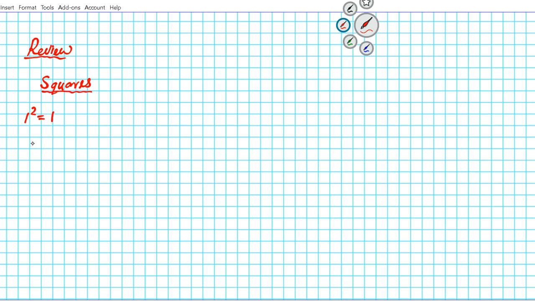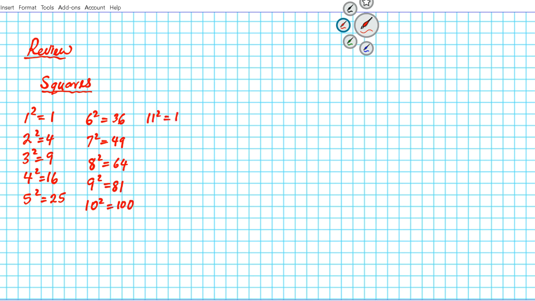So 1 square is 1, 2 square is 4, 3 square is 9, 4 square is 16, 5 square is 25, 6 square, 6 times 6 is 36, 7 square, 7 times 7 is 49, 8 square, 8 times 8 is 64, 9 square, 9 times 9 is 81, and 10 square, 10 times 10 is 100. 11 square, 11 times 11 is 121, and 12 square is 144.